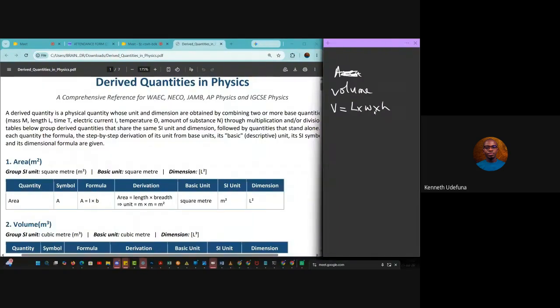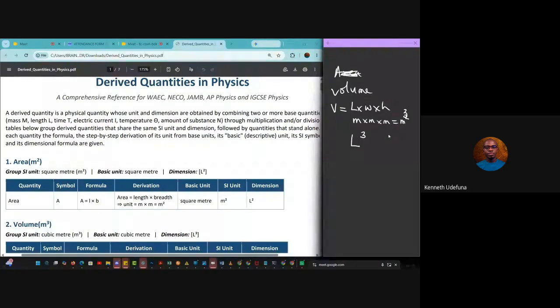Then the SI unit is meter times meter times meter, which gives you meter cube. From this meter cube, what is going to be the dimension? Can someone tell me the dimension of volume? Capital L cube. Remember, why is it L cube? Because meter is L. I said it initially.